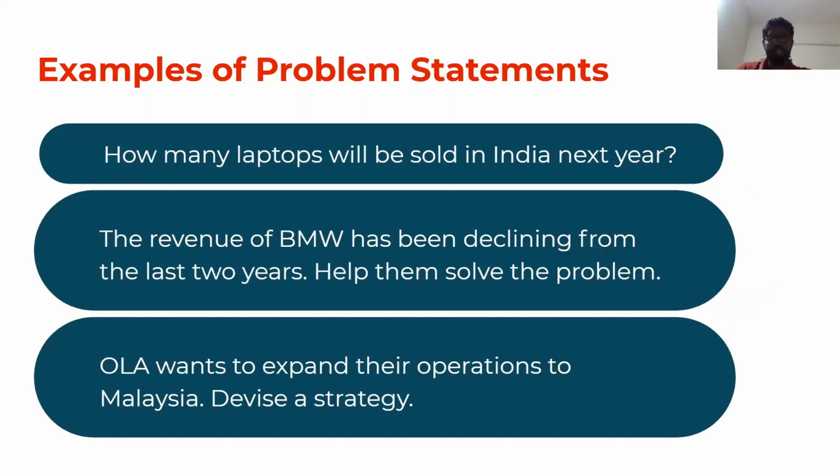Now, what exactly are examples of problem statements? The first one is basically a guesstimate. As you know, you would probably have done that in the initial few classes. Now, how many laptops will be sold in the next year, right? Obviously, these kinds of problem statements will require you to think more holistically.